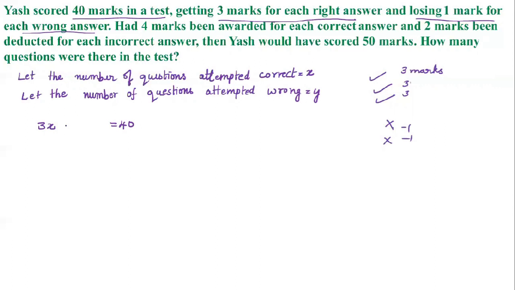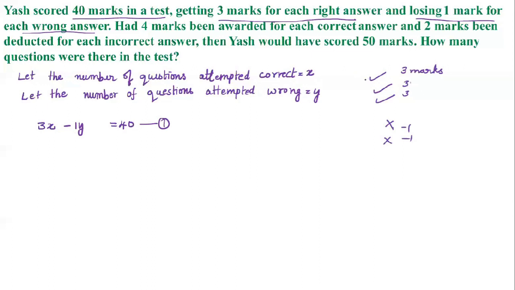And he will lose 1 mark for each wrong answer, so we have to subtract. How many y? 1y. Losing 1 mark for a wrong answer. He attempted y questions wrongly, so 1y. So 3x minus 1y is equal to 40. This is the first equation.